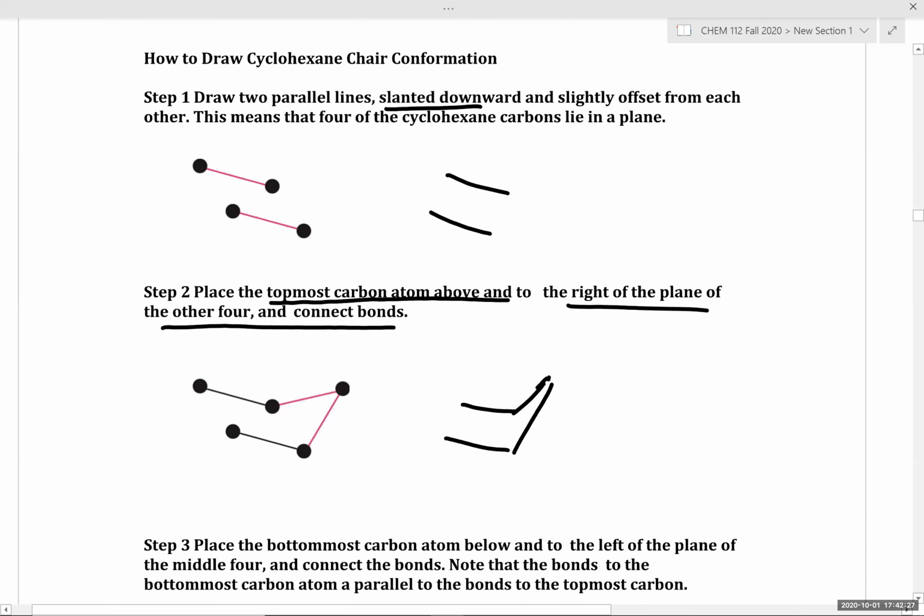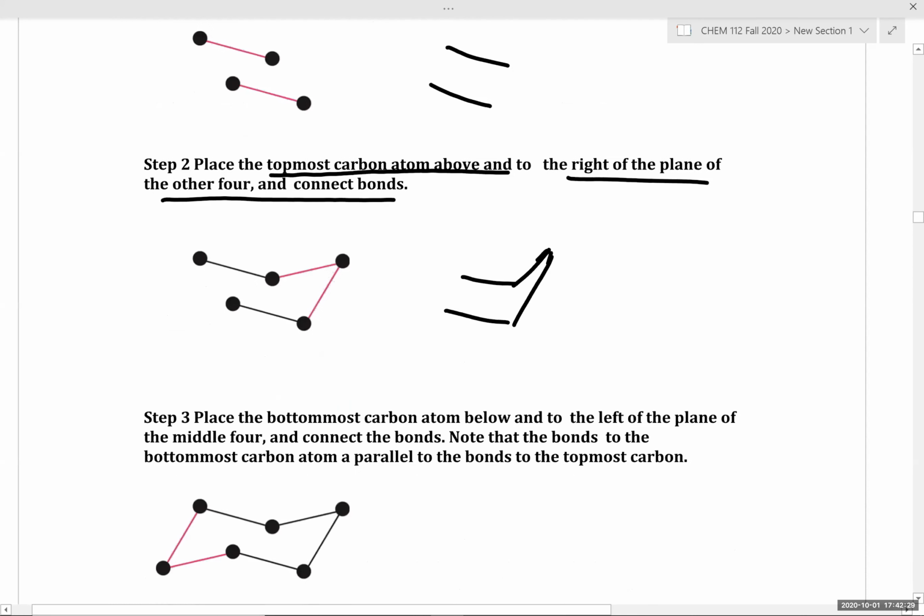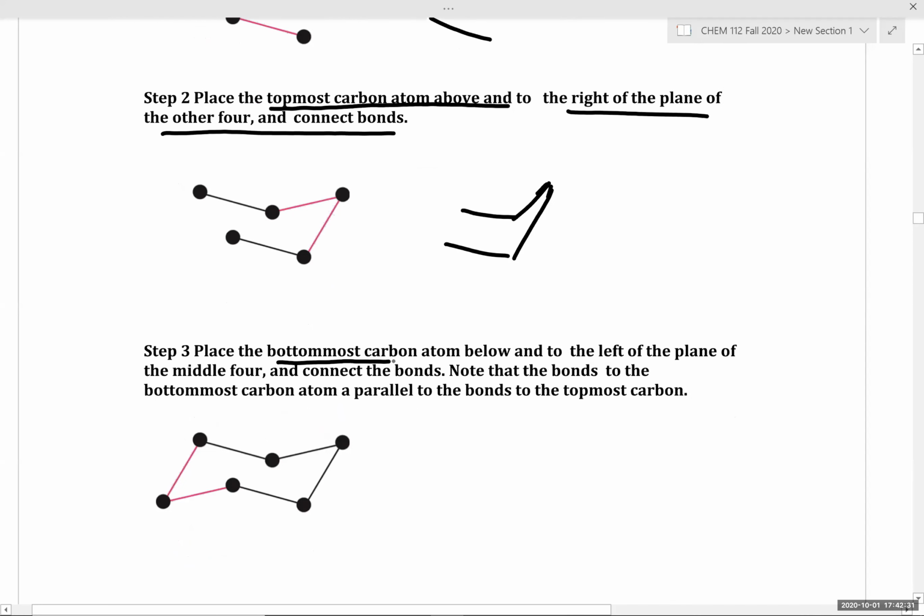Next, you place your bottommost carbon below and to the left of the plane of the middle four, and you connect your bonds. So your cyclohexane should look something like this.